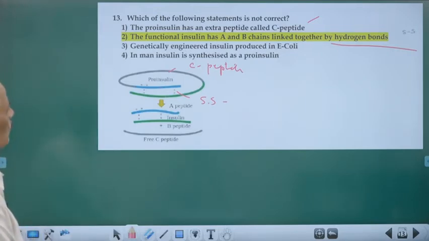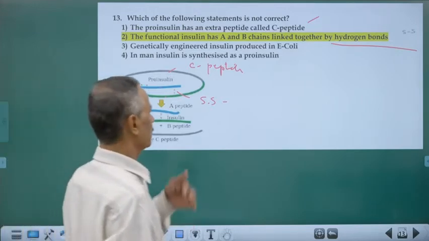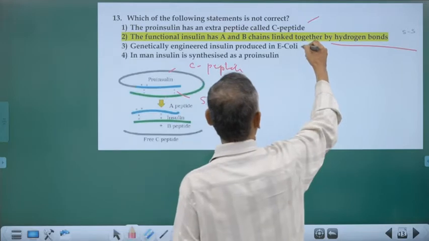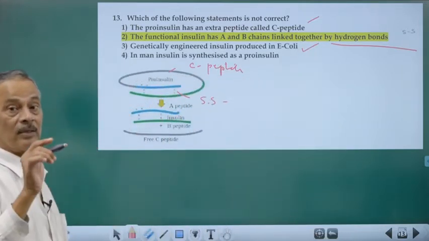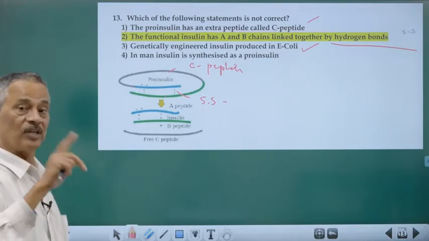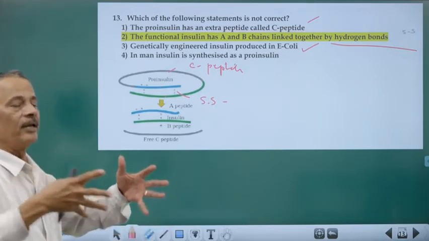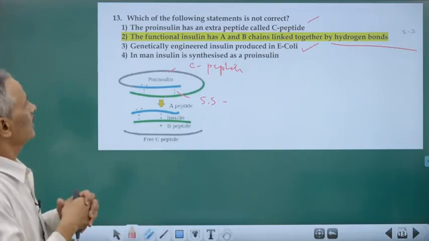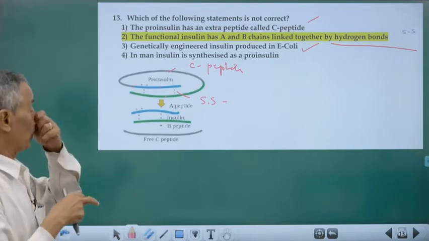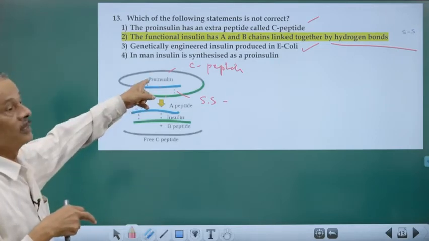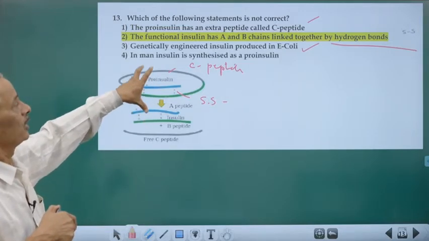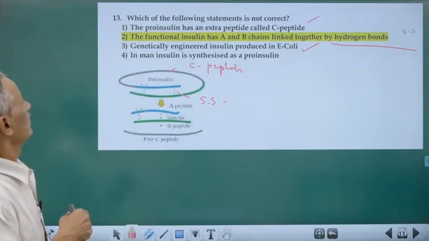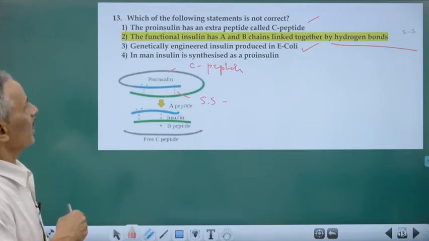Genetically engineered insulin produced in E. coli? Yes, we will be studying it in the next chapter. It is prepared by producing alpha chains and beta chains separately and mixing them together. In man, insulin is synthesized as a proinsulin.